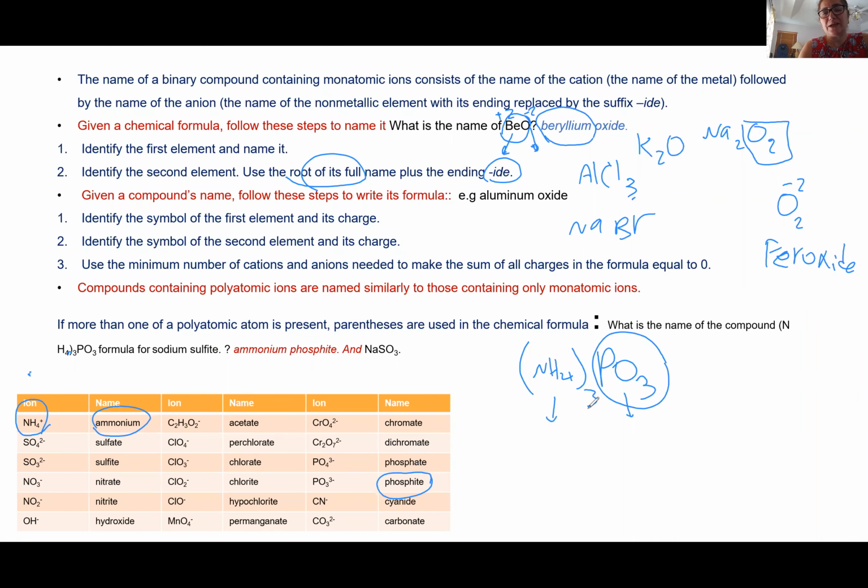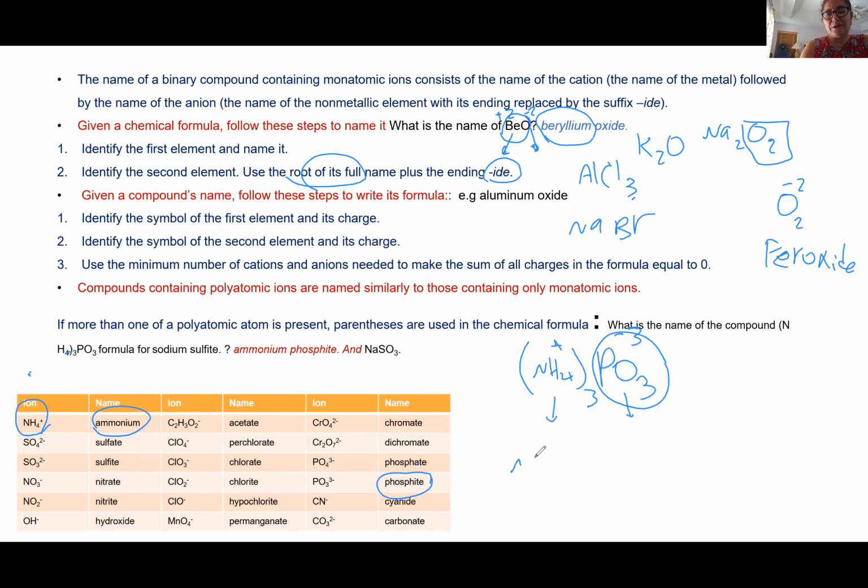Again, these numbers are understood: if you have one phosphite with the 3 minus, you must use 3 of the ammonium ion with the 1 plus charge each. So this 3 is to satisfy the charges for the other components.